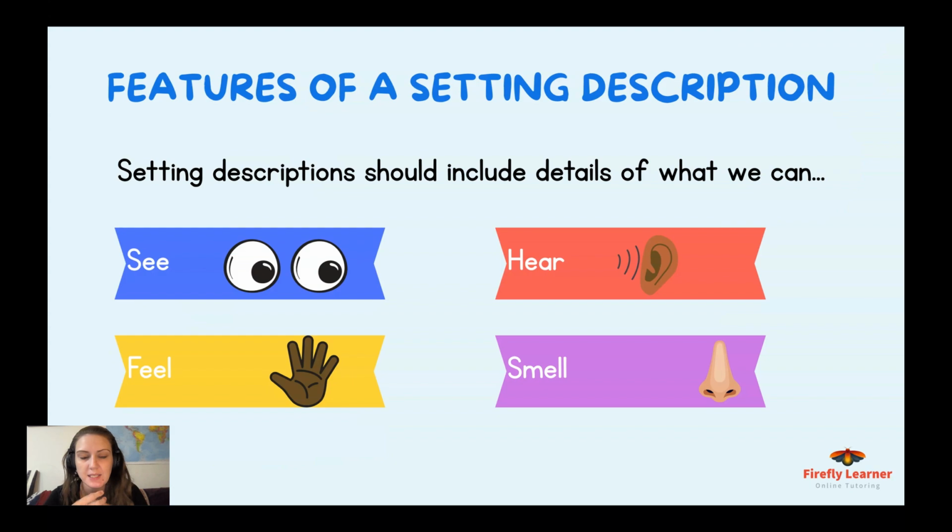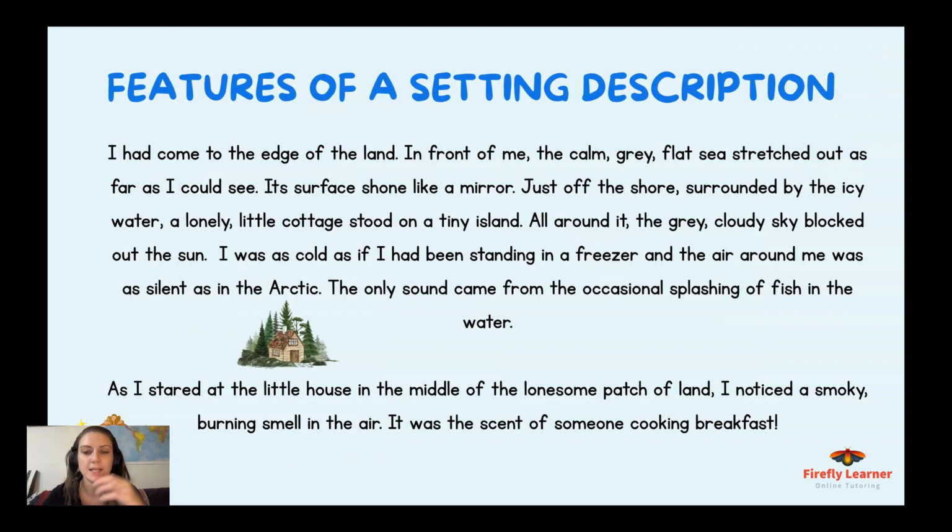What would you be able to hear? What would you be able to feel? And what would you be able to smell? And use those to write a setting description that's really detailed and that allows the reader to create a clear picture in their minds of what they would be able to see, hear, feel and smell if they were in that place.